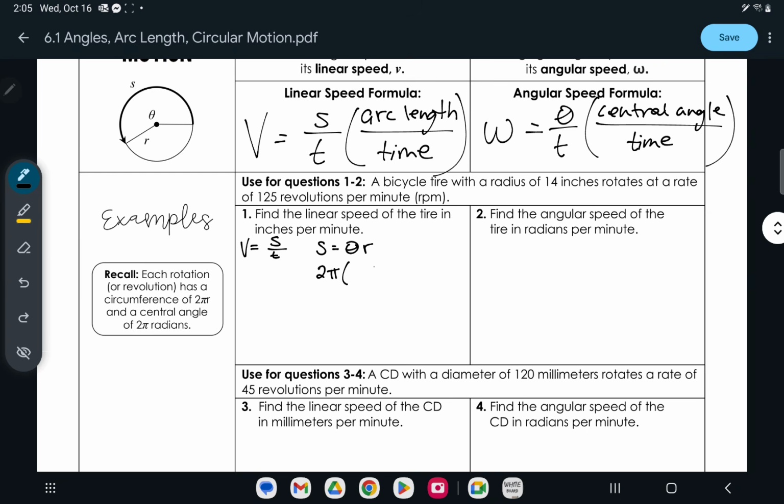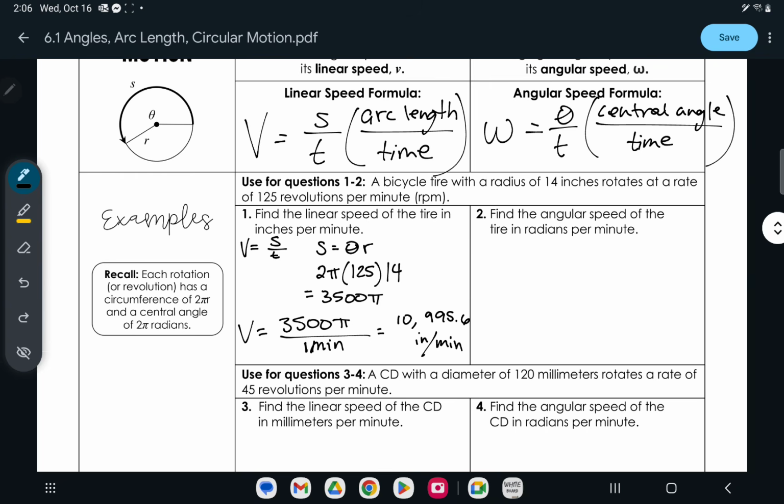The radius is 14, and we're doing 125 revolutions. So our distance is going to be 3,500 pi. The time is 1 minute. So if I get the decimal for that, I get about 10,995.6 inches per minute.